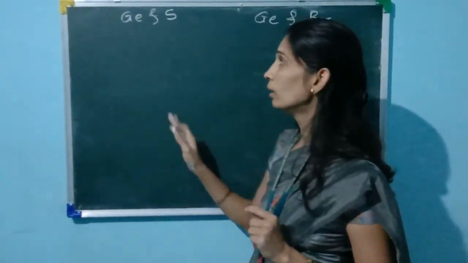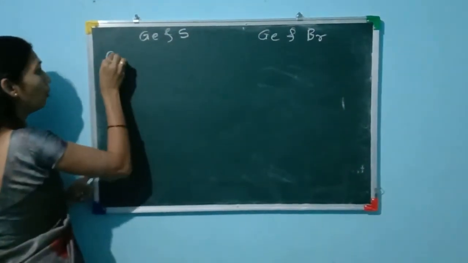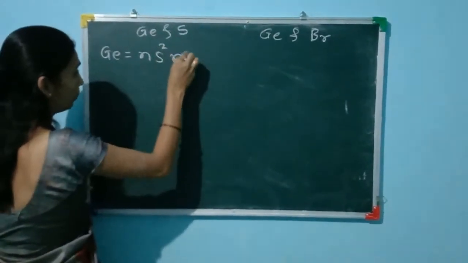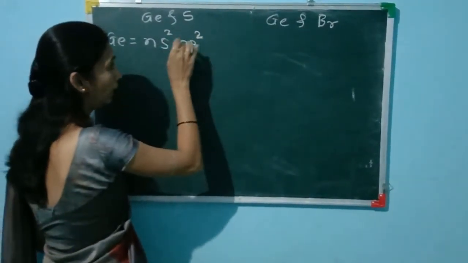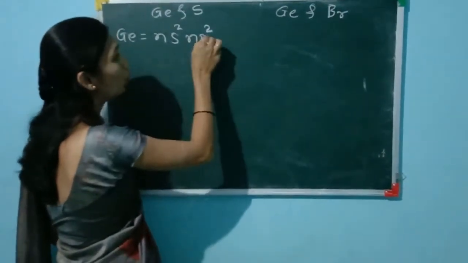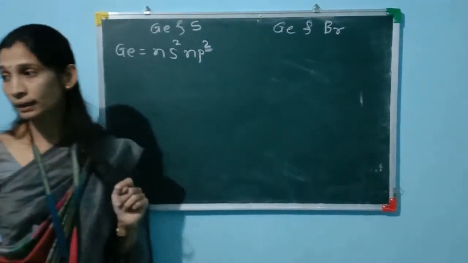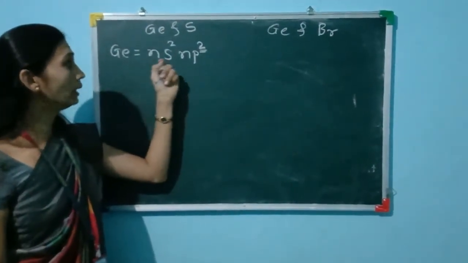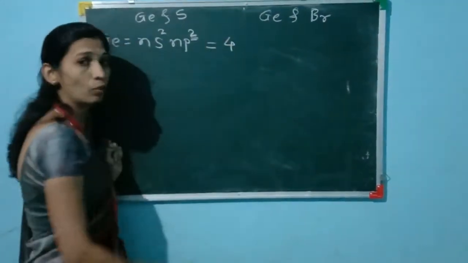We discussed that the general electronic configuration for germanium is ns2 np2. The outermost shell contains 4 electrons. That means the valency of this germanium is 4.